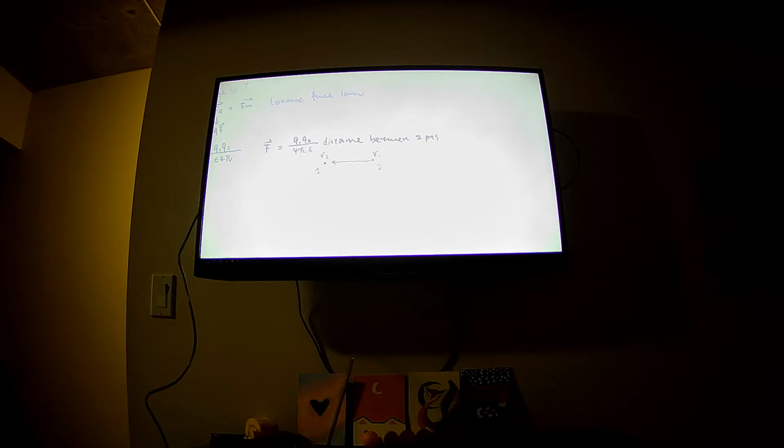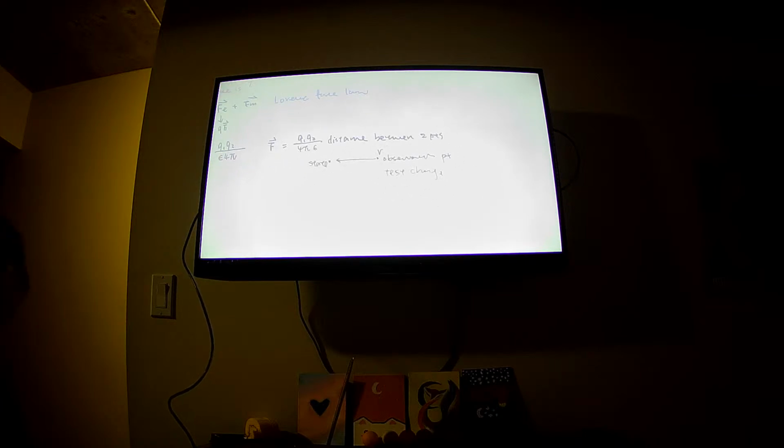And instead of calling our points 1 and 2, we're going to call them observation and source. In the future, we can refer to the observation point as the test charge. The observation is unmarked, and the source is primed. So that's how we're going to define our distance.